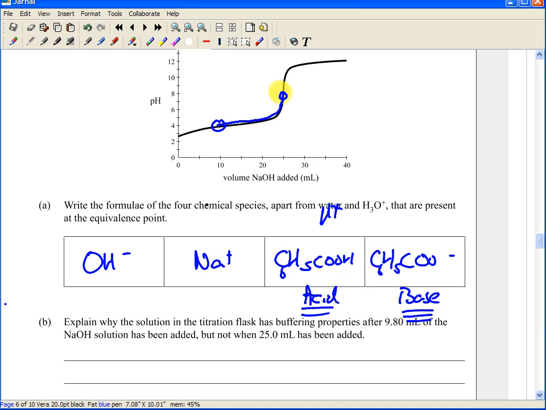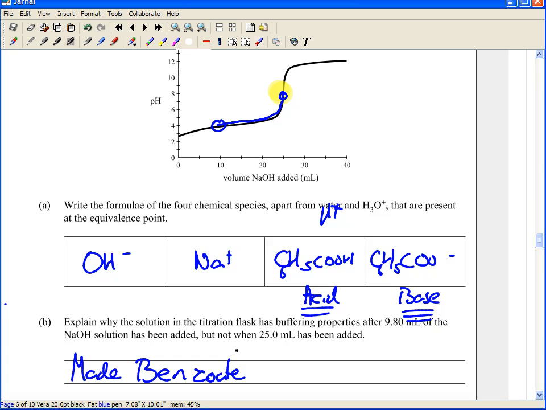Okay, now, why does it start buffering after that point there? It's because we had the benzoic acid at the beginning, but we have made benzoate. Okay, we've made benzoate, which is going to have a conversion property going on there. It's going to start converting the extra acid because it reacts with it.